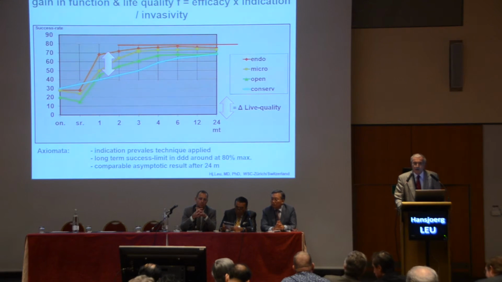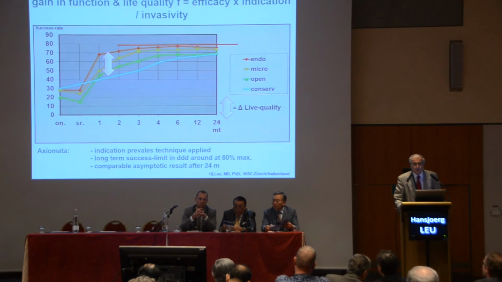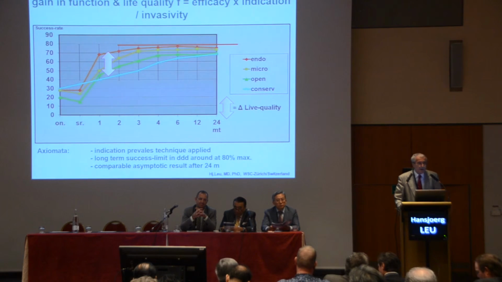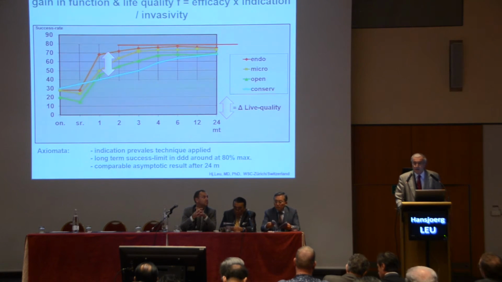So we must communicate to the insurance companies and to the hospitals that in the long run, the investment is in the first 2 years after the problem occurs, and not in the end results. They will never be able to prove, neither with micro nor with endoscopic, that one of the systems is better, because the basic problem is the disc degeneration process.